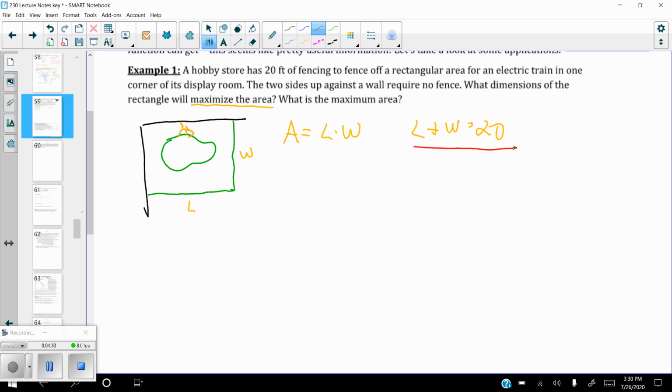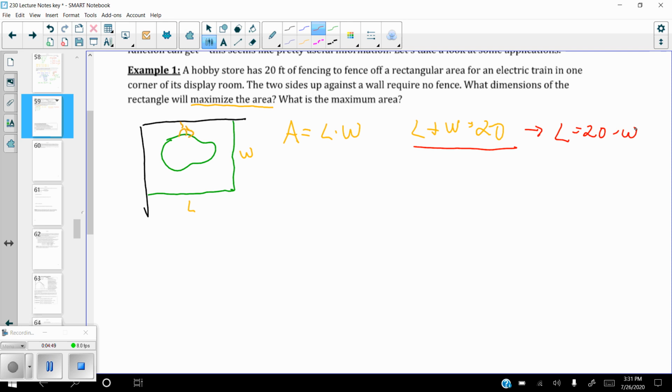In some cases, it's going to matter because it's going to make things easier, but in this case, it doesn't matter. So I'm going to solve that equation for L just by subtracting W on both sides. So we're going to get that L equals 20 minus W.